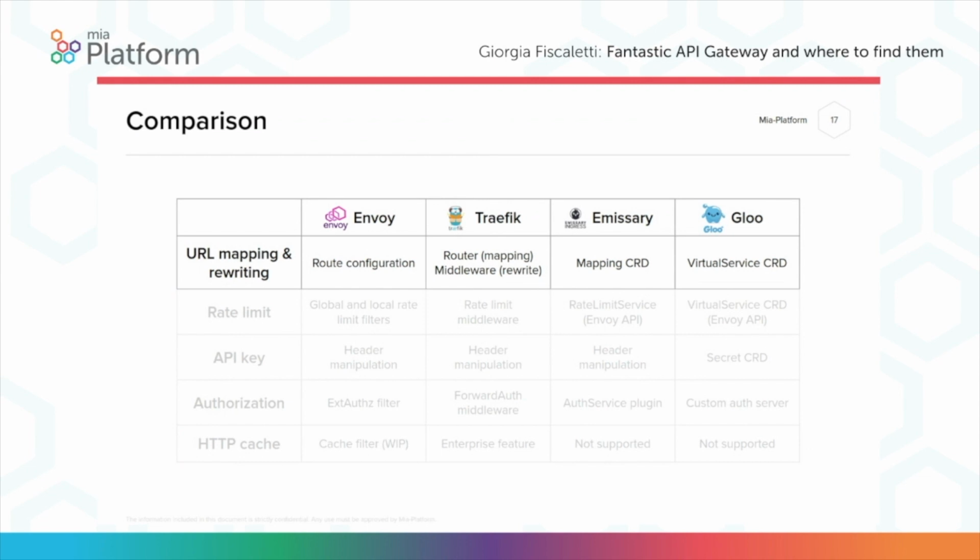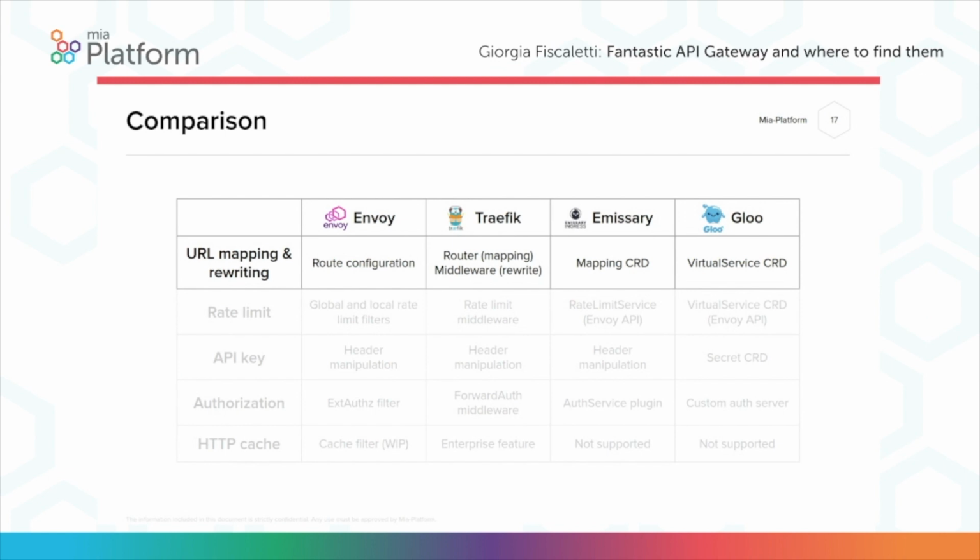by the underlying service. In Traffic, mappings are configured inside the router, which is the element responsible for routing the requests to the underlying services. On the other hand, the rewrites are defined into a dedicated middleware.